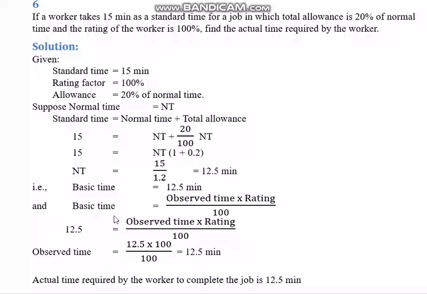Now the basic time and observed time formula is: basic time is observed time into rating upon 100. Because the rating is 100 and the denominator is also 100, the observed time and basic time are the same, so the observed time also came to 12.5 minutes. This is the actual time required by the worker to complete the job.